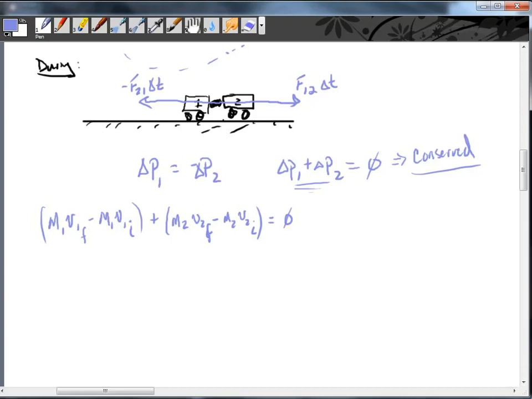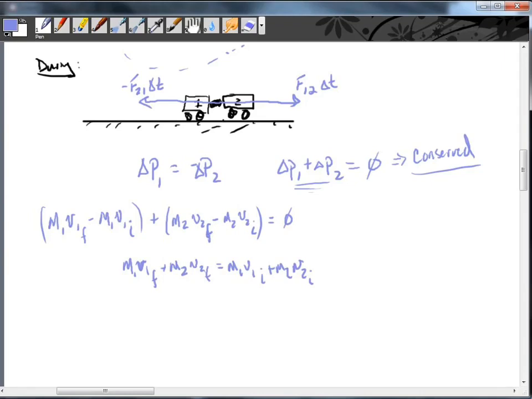Now what we're going to do is separate our initials and our finals. So we're going to have the finals on the left and the initials on the right. Subtract both of the initials. Okay, so we're going to have M1 V1 final plus M2 V2 final equals M1 V1 initial plus M2 V2 initial.